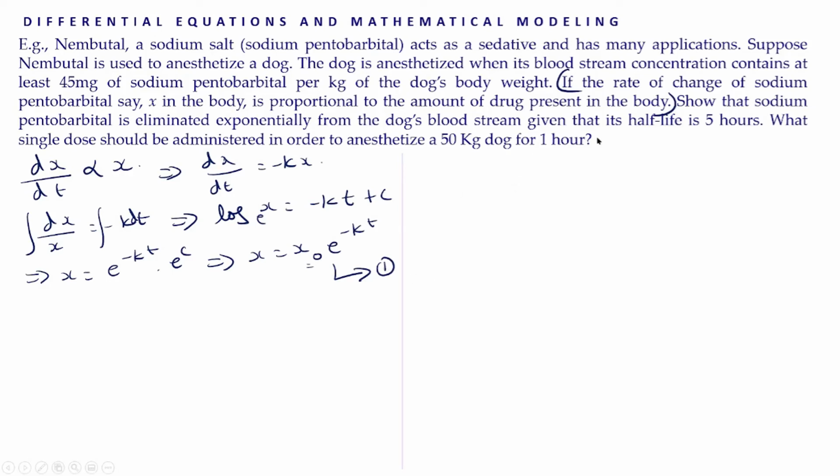Now it is given its half-life is 5 hours. That is, x is equal to x naught by 2 at t equal to 5 hours.